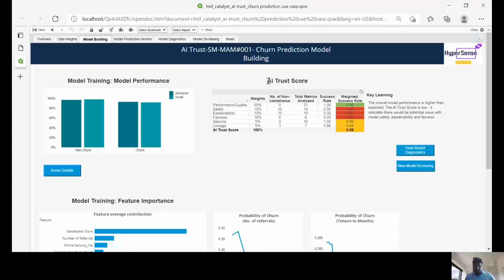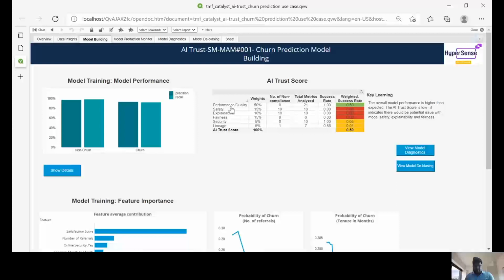Now, this trust score is for how you would traditionally build an AI system, right? So even though you may have a very high performing model in one place, if you apply this framework where you are assessing this model on all these different aspects, your overall trust score is quite low, right?